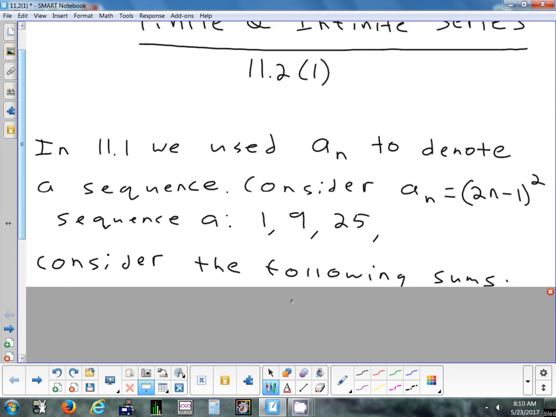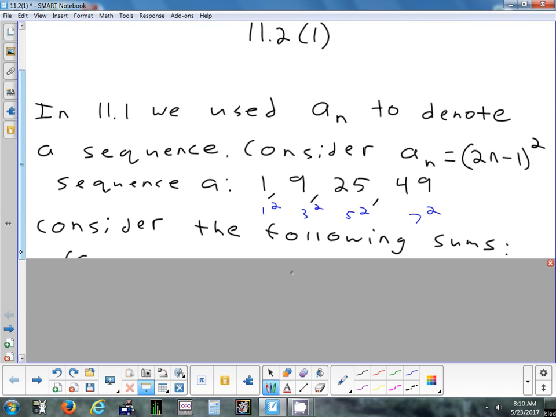And let's do one more. The fourth term would be 8 minus 1 is 7, squared is 49. When I look at it like that, you might start to see a pattern, but if you write it like this, 1 squared, 3 squared, 5 squared, 7 squared, then I think you can see the pattern a little easier. It's odd numbers squared.